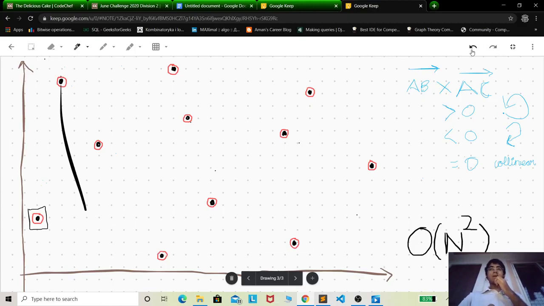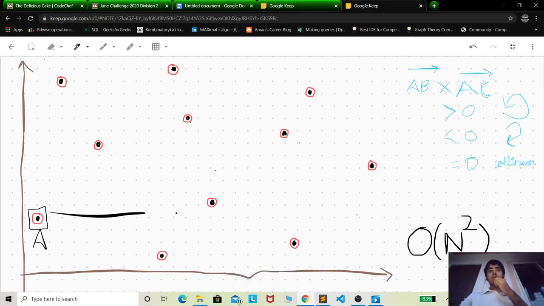Now from the first point, how do we obtain the next best point? Okay, so let's call this point A. And how do we obtain the next optimal point? We can either go in the clockwise direction or the anti-clockwise direction. For the sake of this problem, we'll stick to clockwise direction. So let's draw a demarcation over here, and let's focus only on the upper quadrant, right?